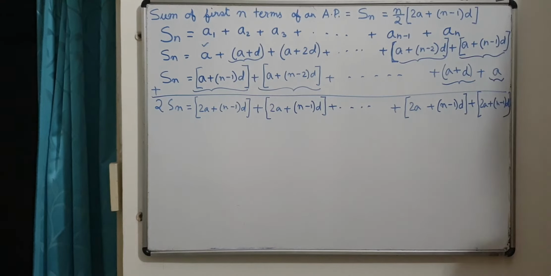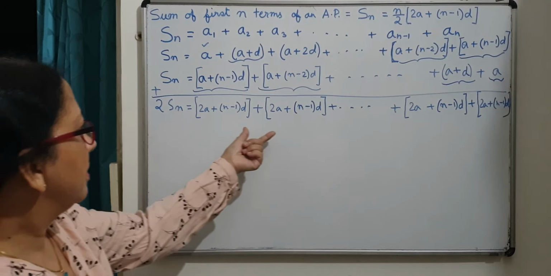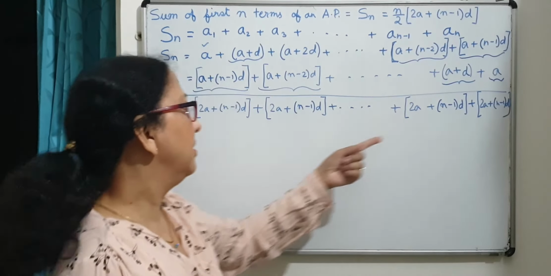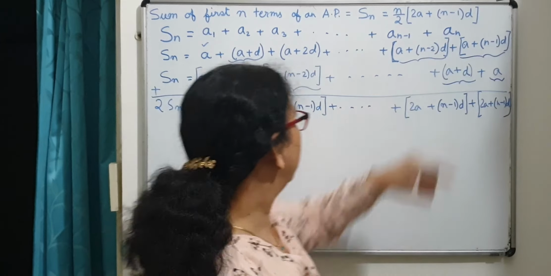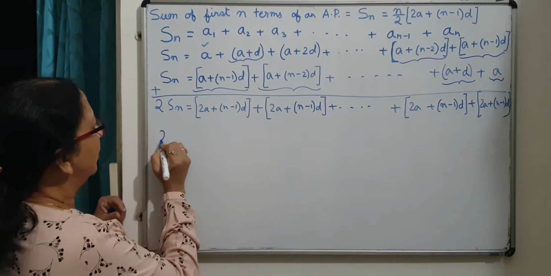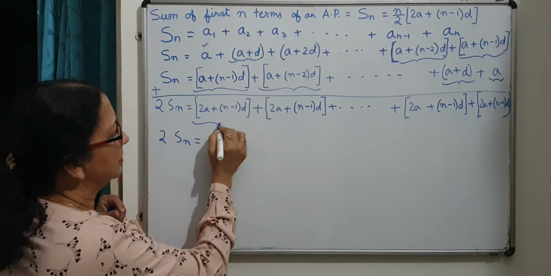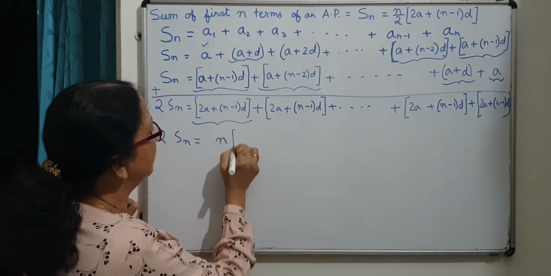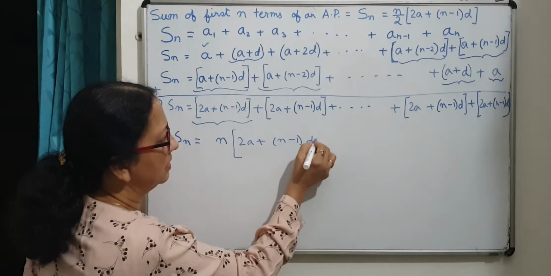So we see when I am adding these two, all the terms are identical. So how many terms are there? There were n terms. So I can write twice of Sn is n times this thing, the same identical: twice a plus n minus 1 into d.